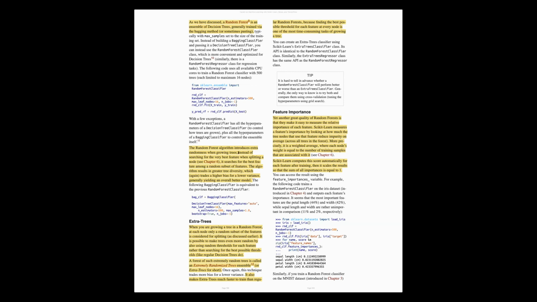If you look at this sentence right here, instead of searching for the very best feature when splitting a node, that is across all features, it searches for the best feature amongst a random subset of features. So this introduces greater tree diversity and trades higher bias for lower variance. And overall, this yields a better model.